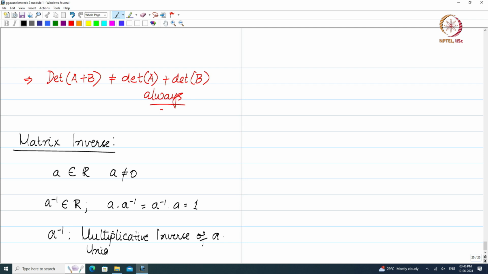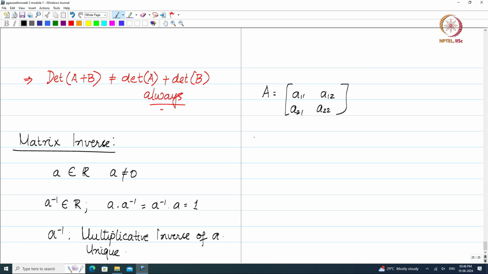Along similar lines, we will try to develop the idea of the inverse of a matrix A. Let us consider the following matrix A: A11, A12, A21, A22.